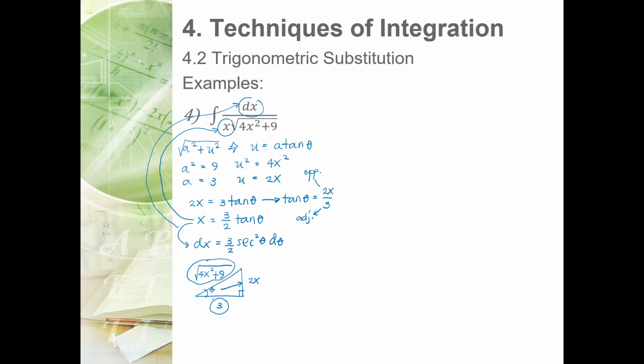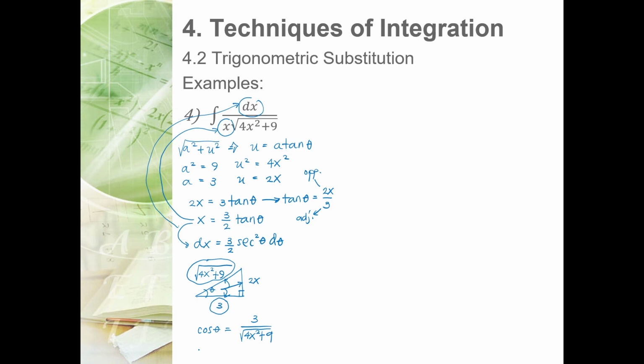Okay, so this expression is the cosine function, right? That's the adjacent side of theta all over the hypotenuse. So we have cosine theta is equal to 3 all over the square root of 4x squared plus 9.